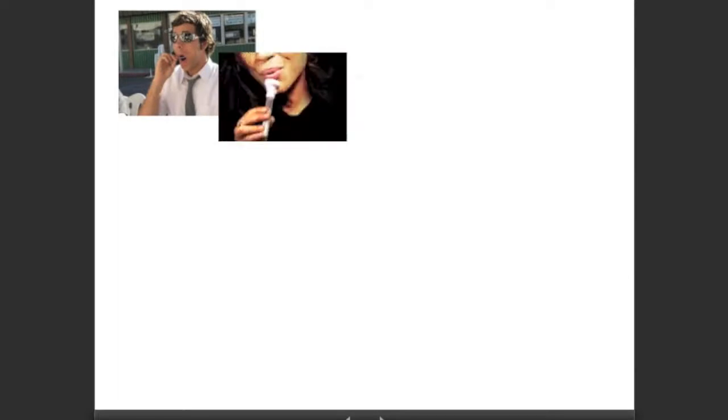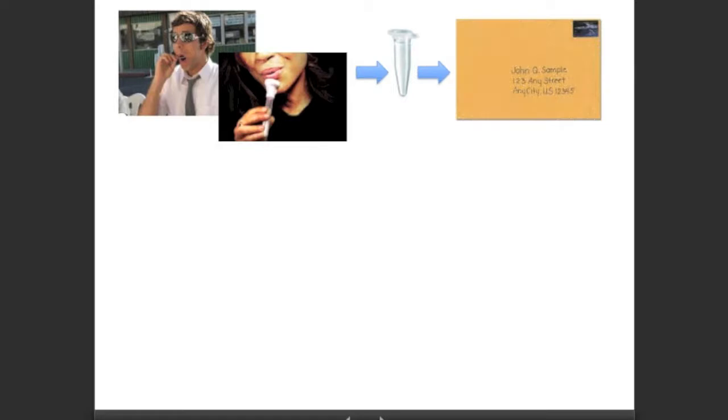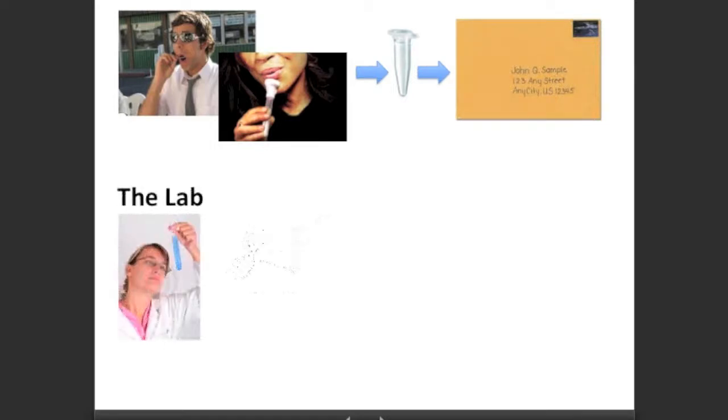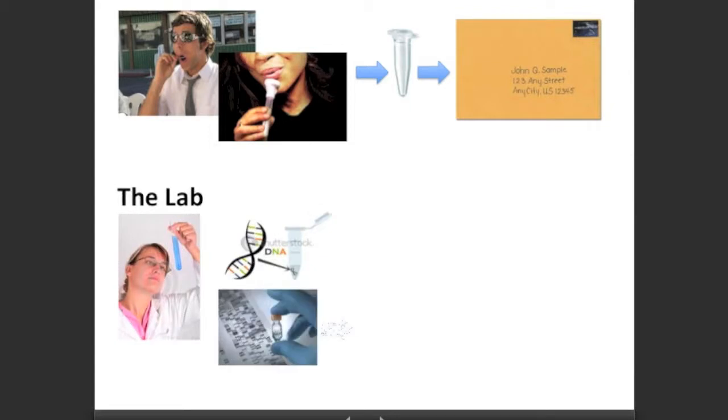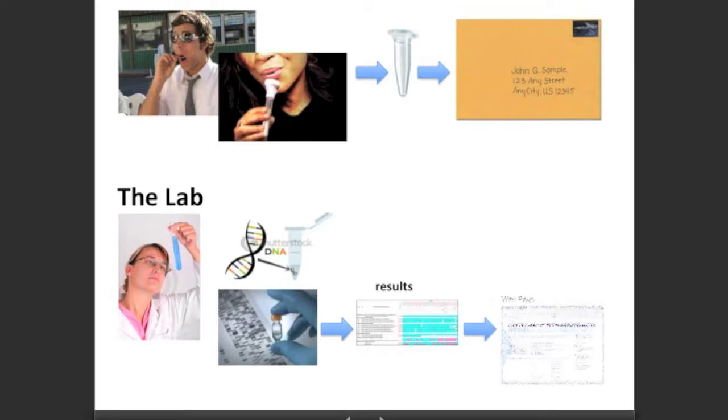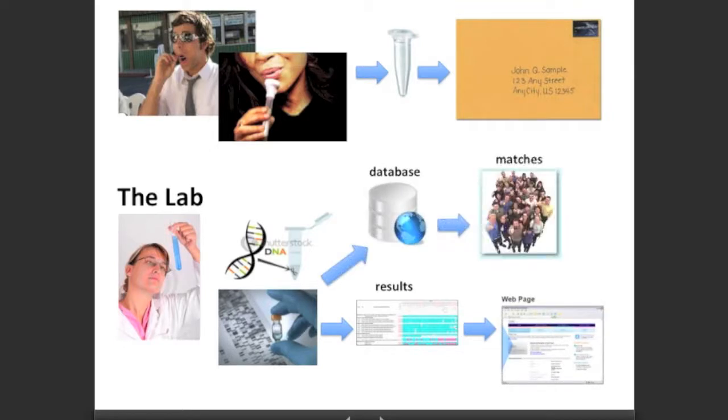Just to recap on what's involved with a test, you either swab or give a sample of saliva, put it into a test tube, send it off in post to the lab. In the lab, they look at it, they extract the DNA from the test tube, they post the results on their own personal web page. They also compare your results with everybody else's in the database and come up with a list of matches for your DNA, and they post those matches on your web page as well.